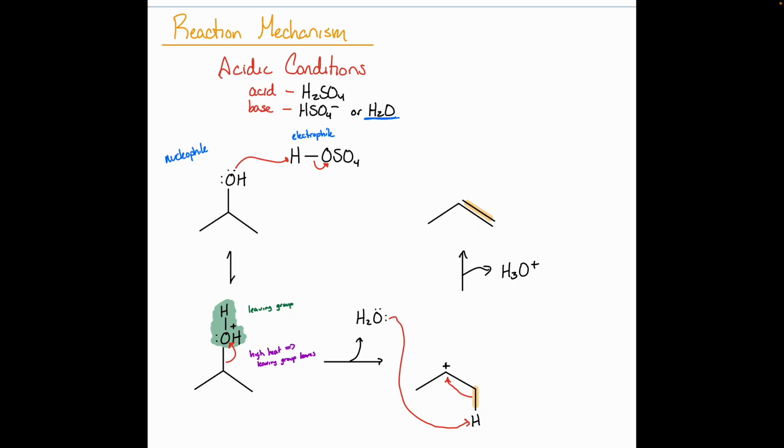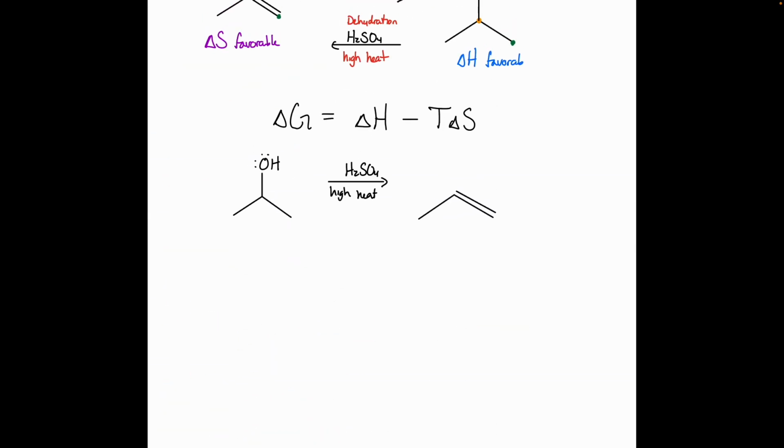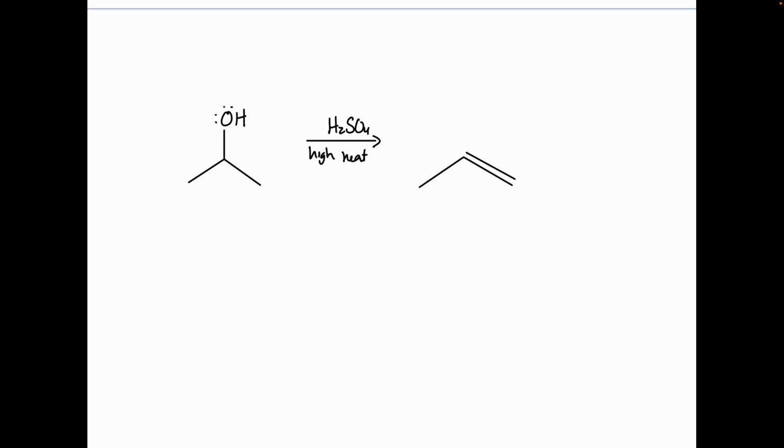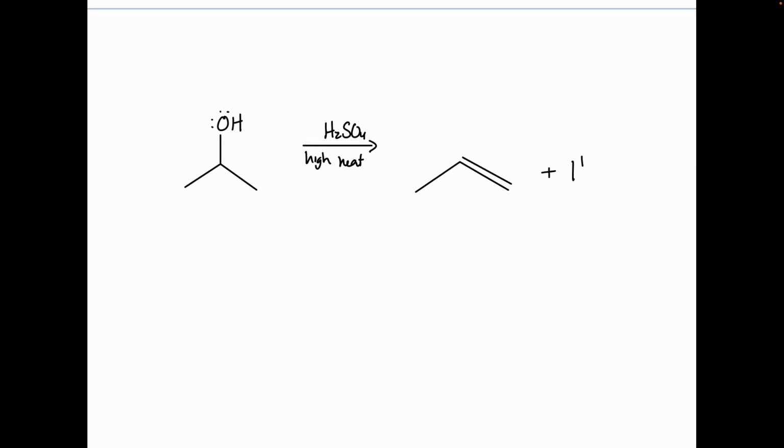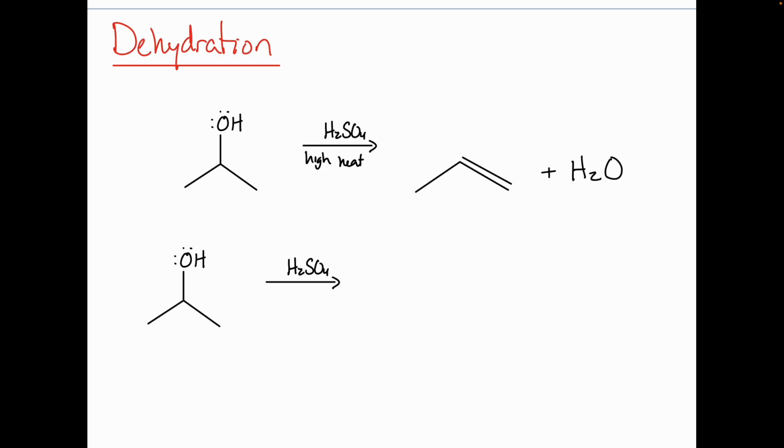One more reaction just to have next to these in our notes because they're very similar. We had this dehydration reaction at high heat to form an alkene. In the next chapter, we learned about another dehydration reaction. So this is plus water, that's why it's a dehydration reaction. And this was very similar, yet subtly different, because instead of having high heat and concentrated sulfuric acid, I had moderate heat and sulfuric acid.